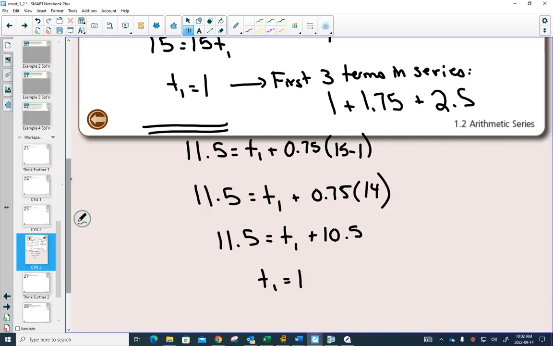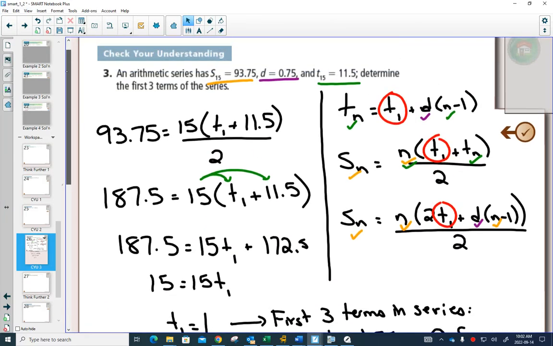Sometimes you can take the time at the beginning. Don't just dive into a question. By trying to do it too fast at the beginning, it might take you longer. Look at the formulas. Go, I could use more than one. Then make a decision which formula you would like to use.